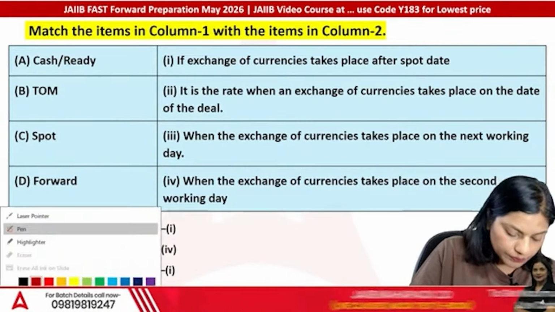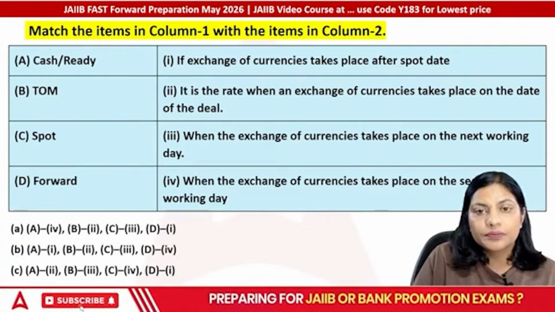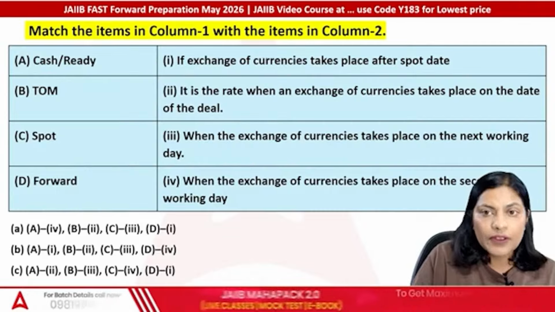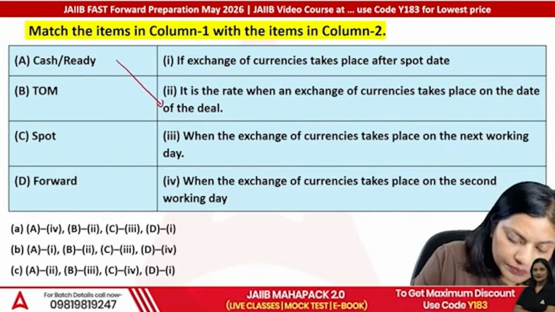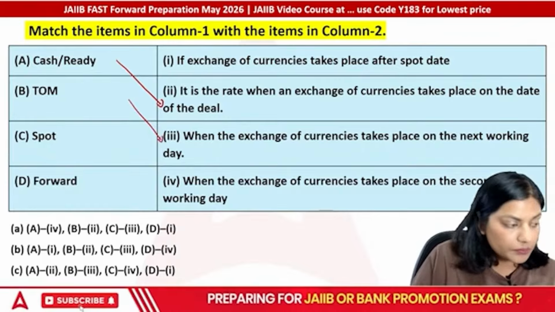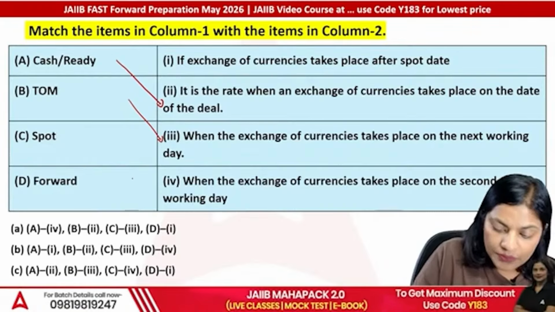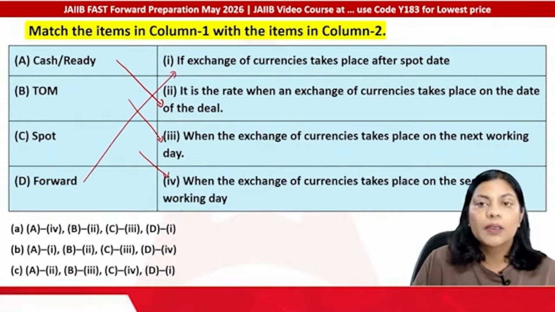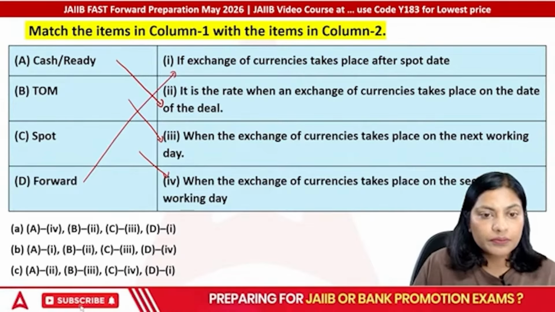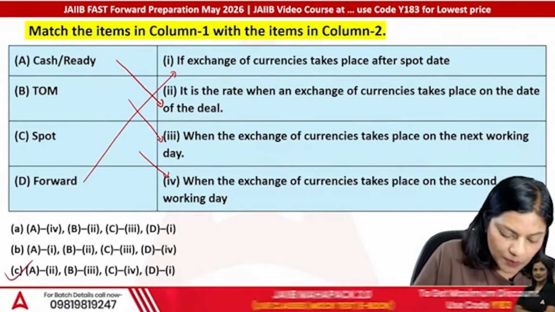Now, cash ready is if it will happen on the same day, term is next working day. Then spot is after second working day, and forward will be after spot date. Correct. So A will be 2. B will be third. So our right answer would be option number C.